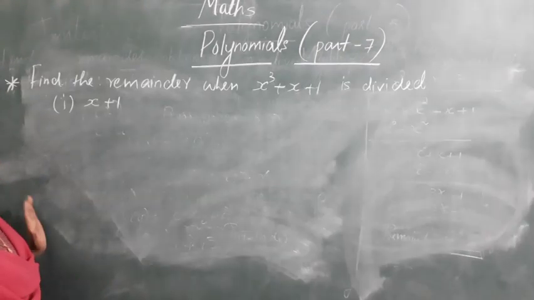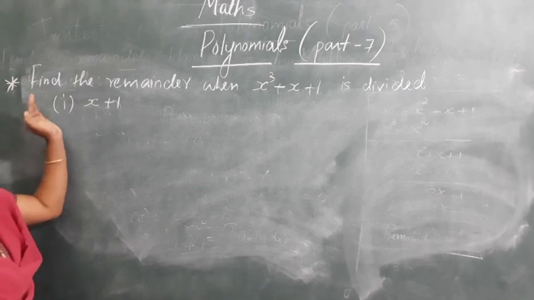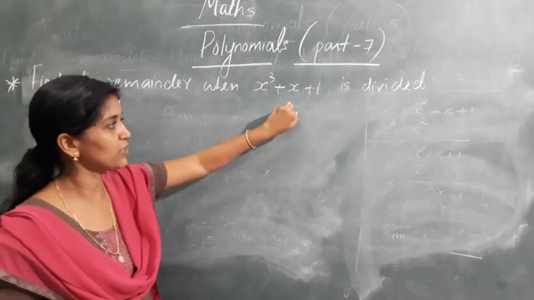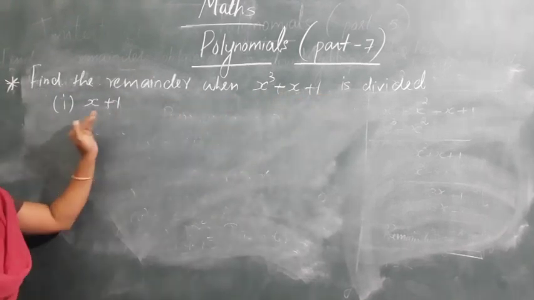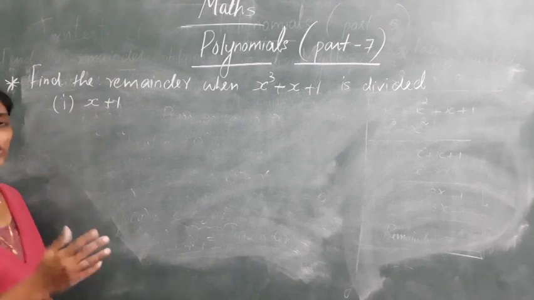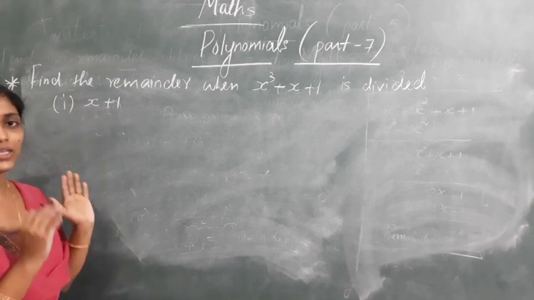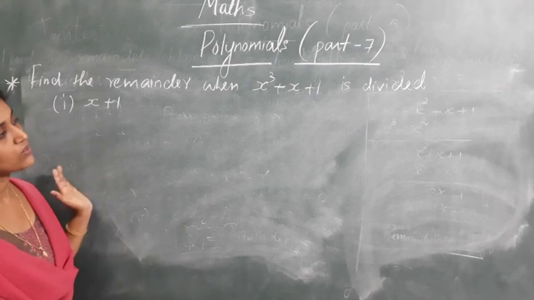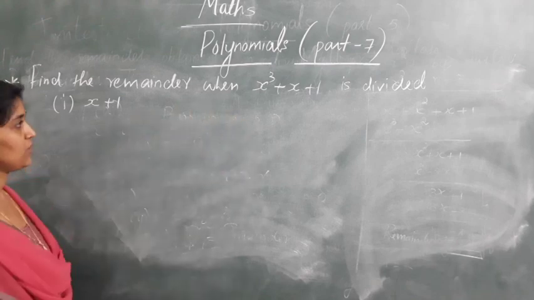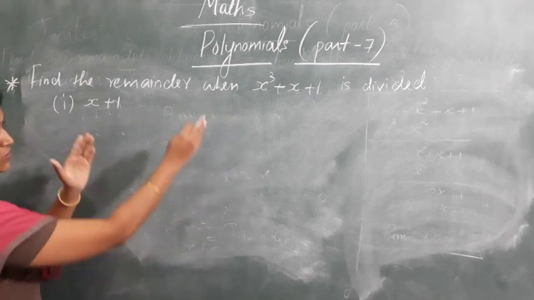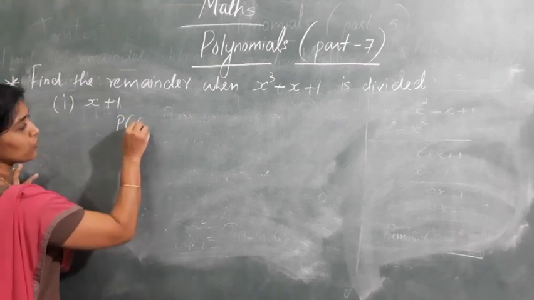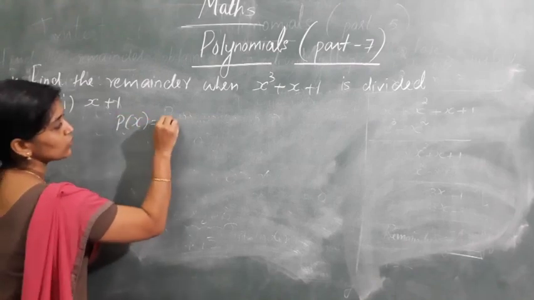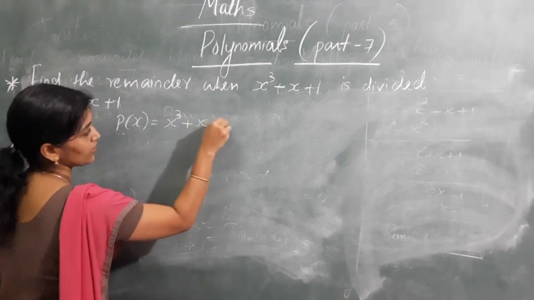Next we have a question here. Find the remainder when this polynomial is divided by x plus 1. We are not asked to do it by the division process, so we can use the remainder theorem. Taking p of x is equal to x cubed plus x plus 1.